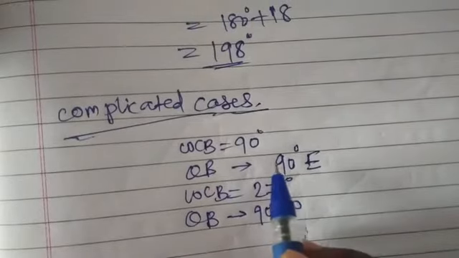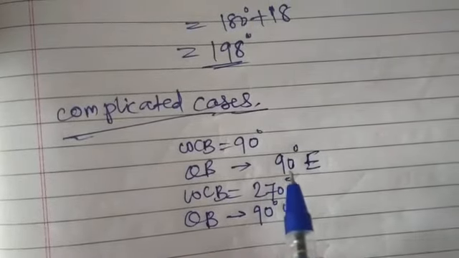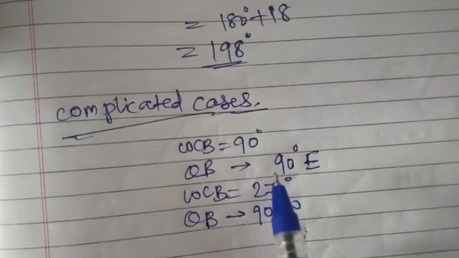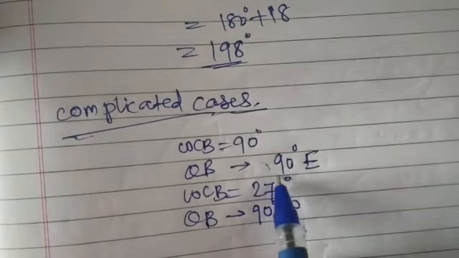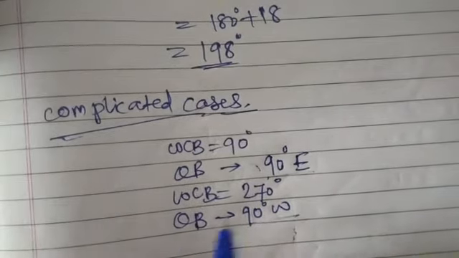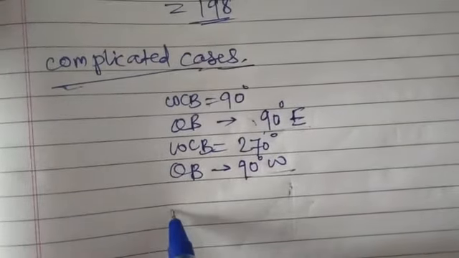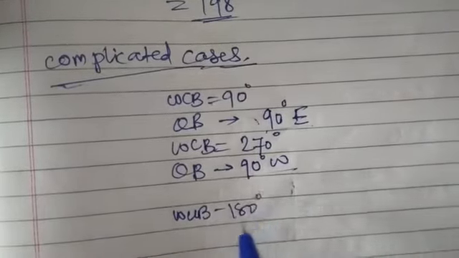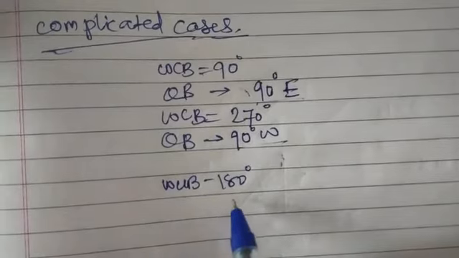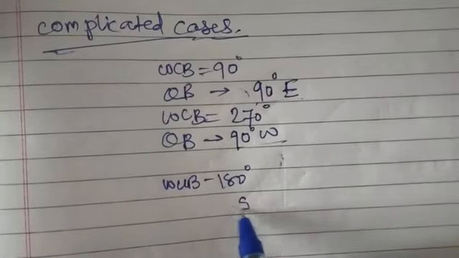Neither north nor south is taken for notation. It is just represented like 90 degree east, 90 degree west. And when the whole circle bearing of the line is 180 degree, then QB is just represented as south.